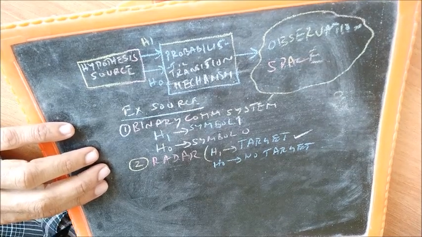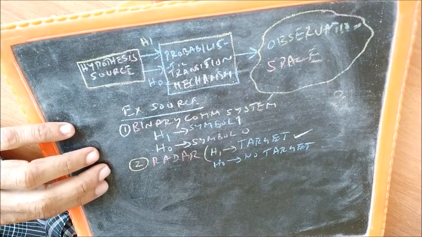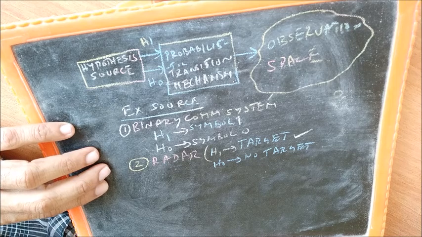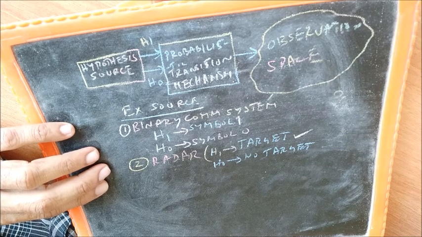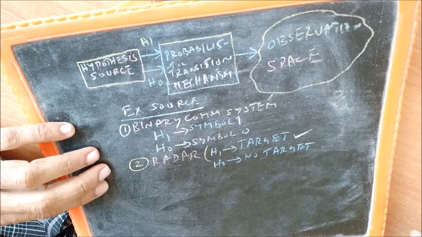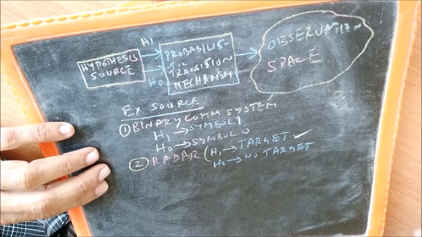If the source gives out H1, the target is present, and if it gives us H0, there is no target.